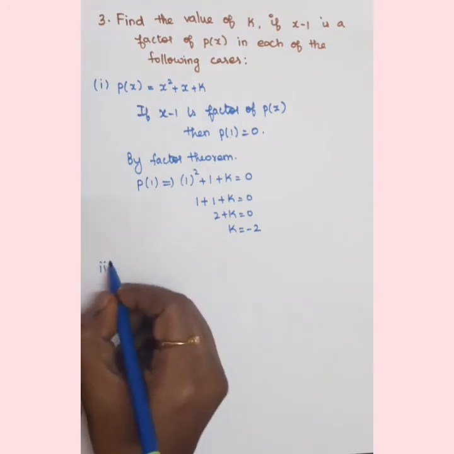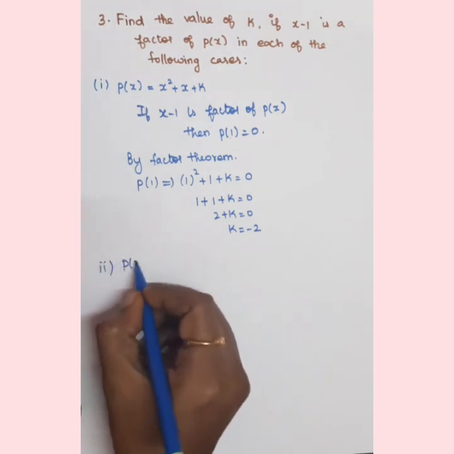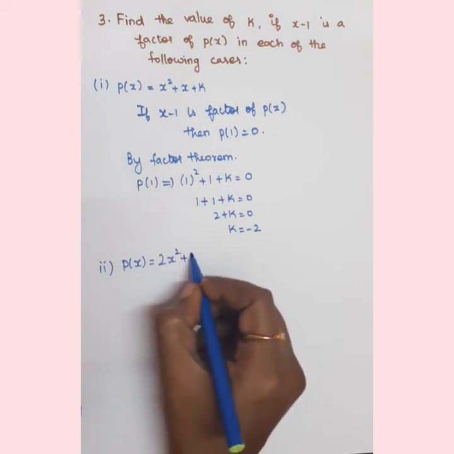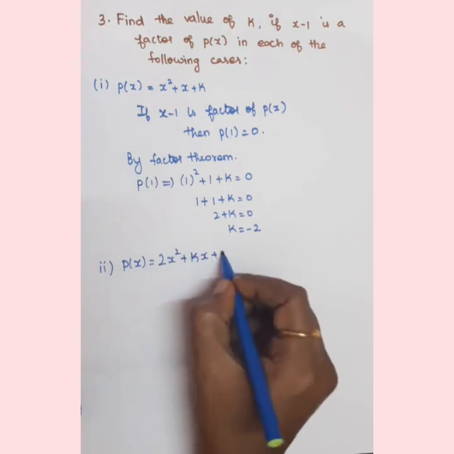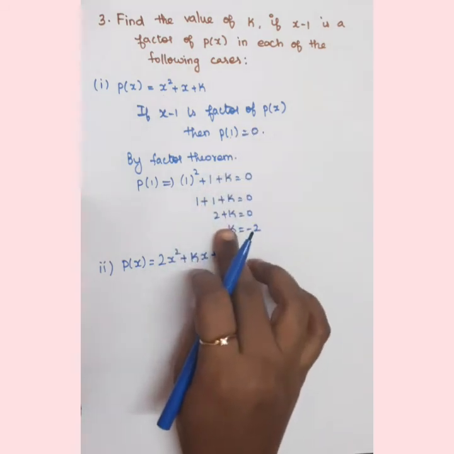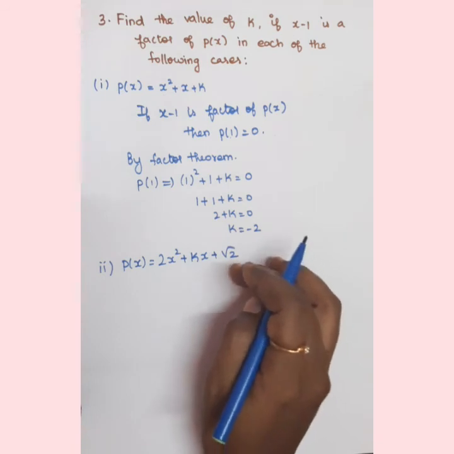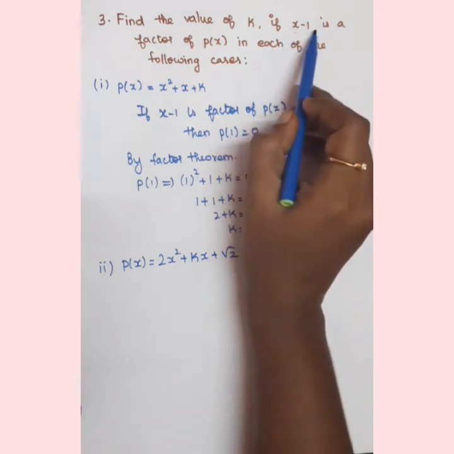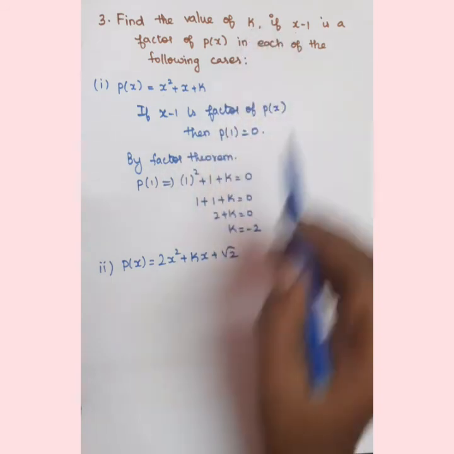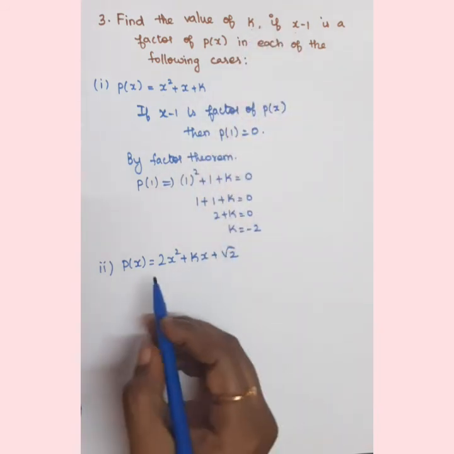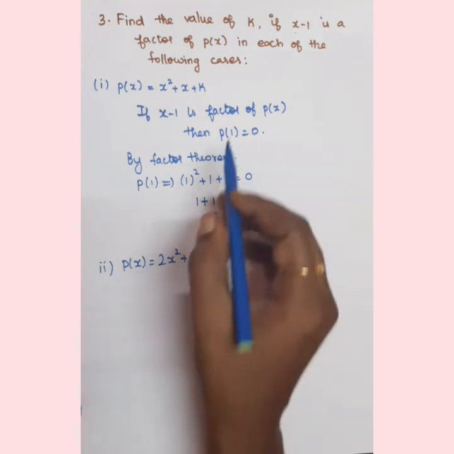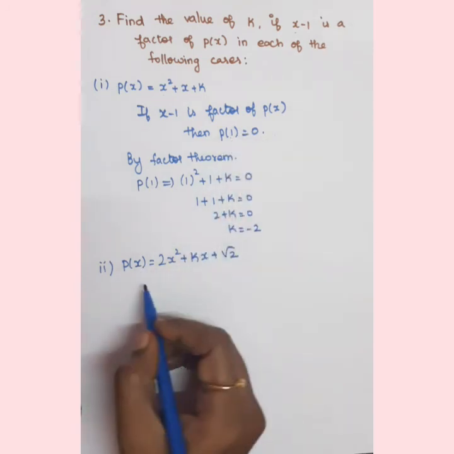Second problem is p of x equals 2x squared plus kx plus root 2. Here the same steps you are going to follow, because here also x minus 1 is a factor. So you are going to find the value of k here. So substitute in the place of x: p of 1 equals 0.